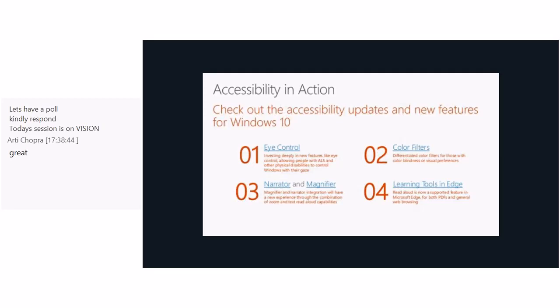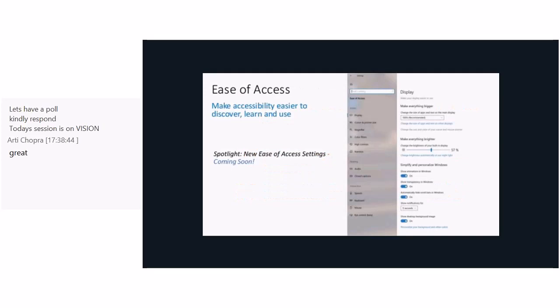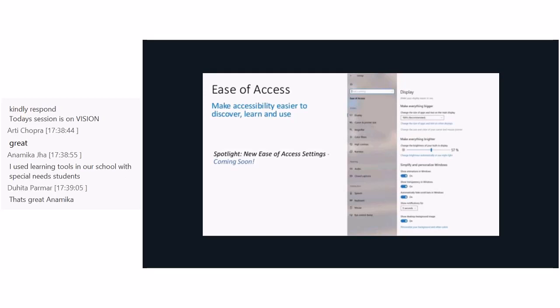Oh yes, that's possible. Ease of access is something that came as a surprise even to me a few months back. Sometimes we just don't notice. Sometimes it's right there, but I did not really take notice. So, making accessibility easy to discover, learn, and use, we have this Ease of Access feature. There are certain settings which have come in.